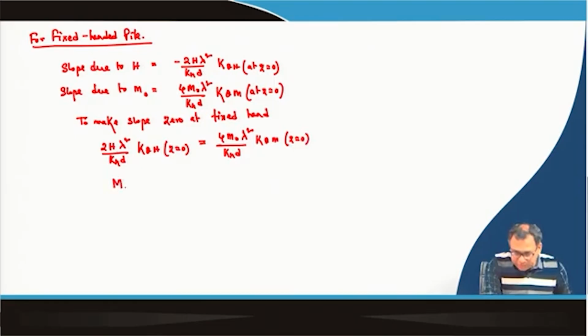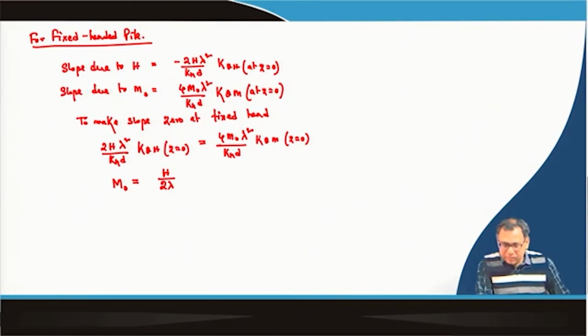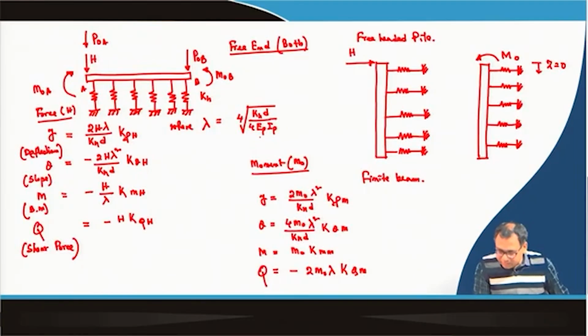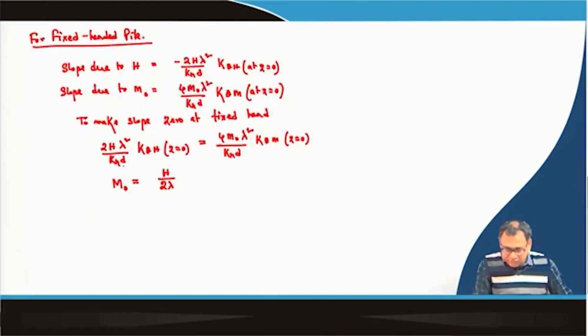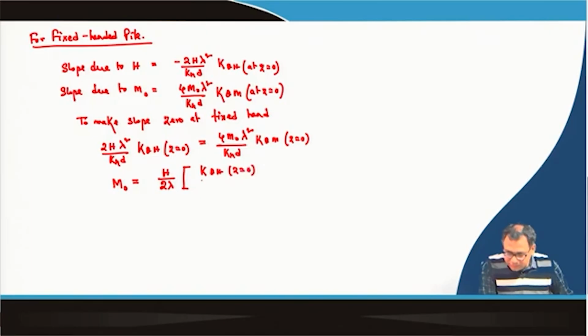Finally, the moment to be applied to make this slope 0 is M0 equals H divided by 2 lambda, times k theta h at z equal to 0 divided by k theta m at z equal to 0.